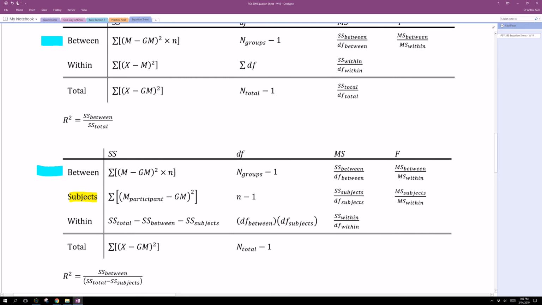That's because you're using the same subjects, the same participants repeatedly if it's a within groups design. Okay. And then the row for within changes somewhat, but again, you're just using things that you already have in this table, right? So if you have sum of squares total minus sum of squares between minus this one.